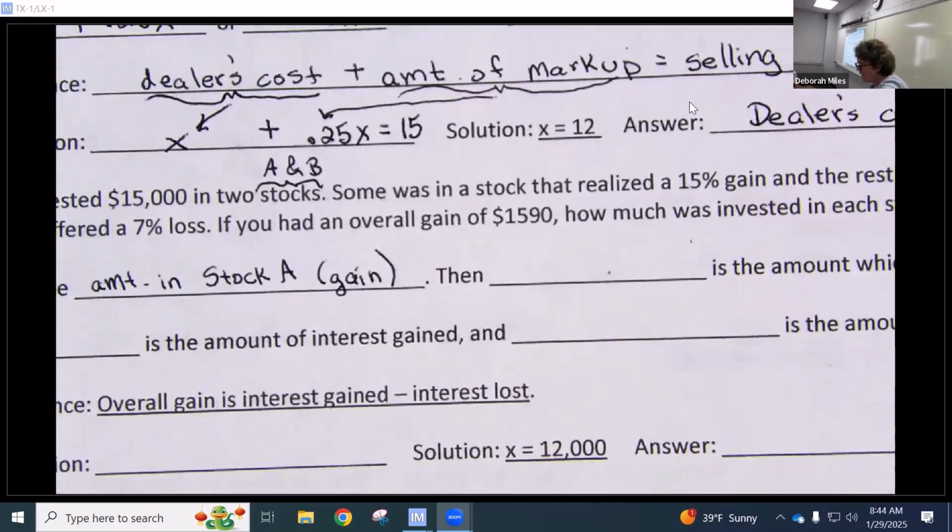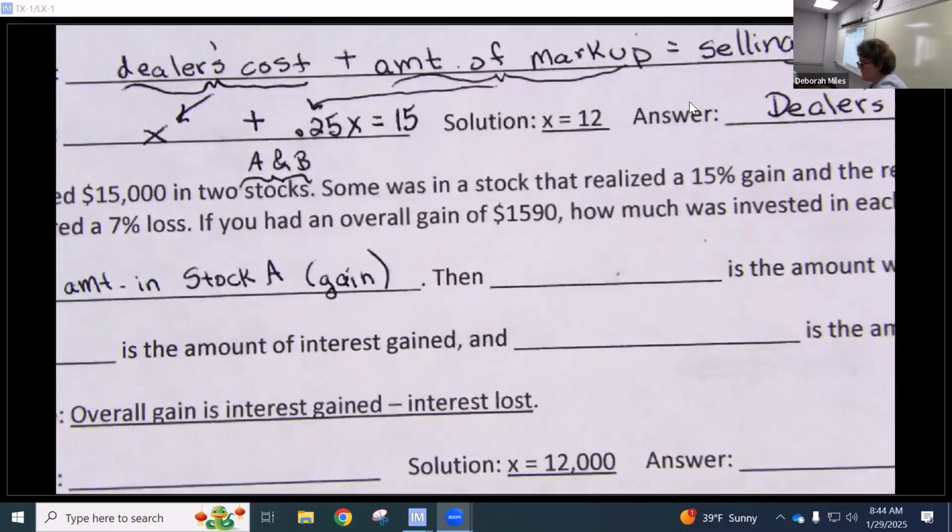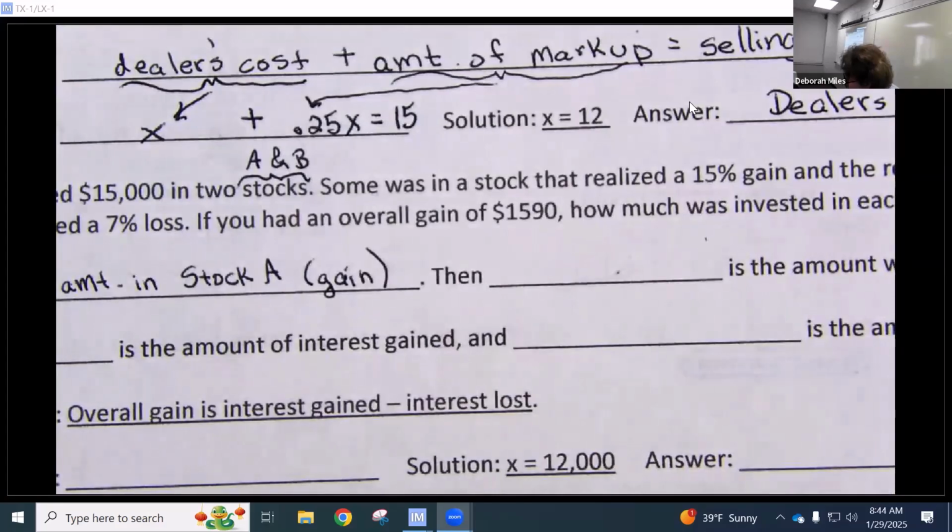All right. If stock A made you some money, and you invested 15,000 in all, what's the amount that lost you money? If you put X of the 15,000 in stock A, then how much does that leave you in stock B?